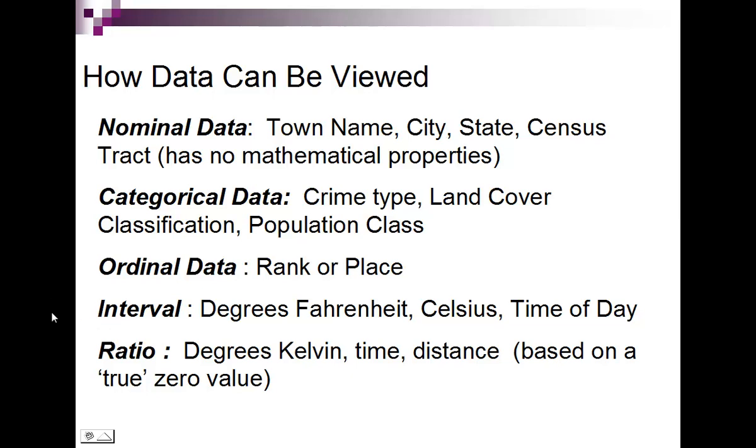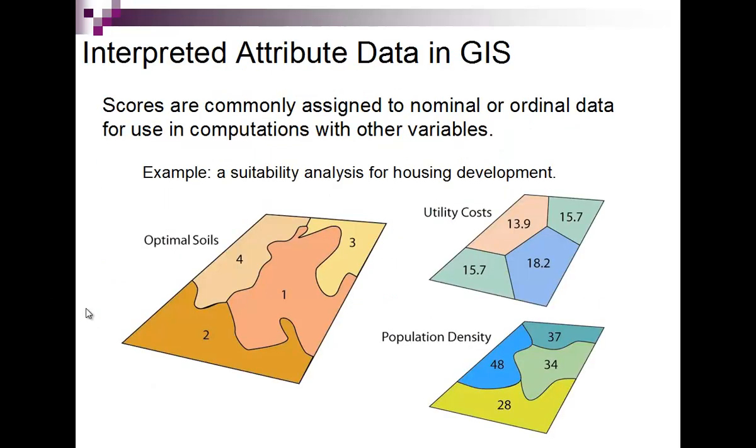In ratio data, we can look at degrees Kelvin. Also, we can look at interpreted data. This gets a little bit complex here, but we can assign scores and grade them based on nominal classifications and assign them kind of suitability scores. So we can turn that nominal data into ratio data to be compared with things like utility cost or population.